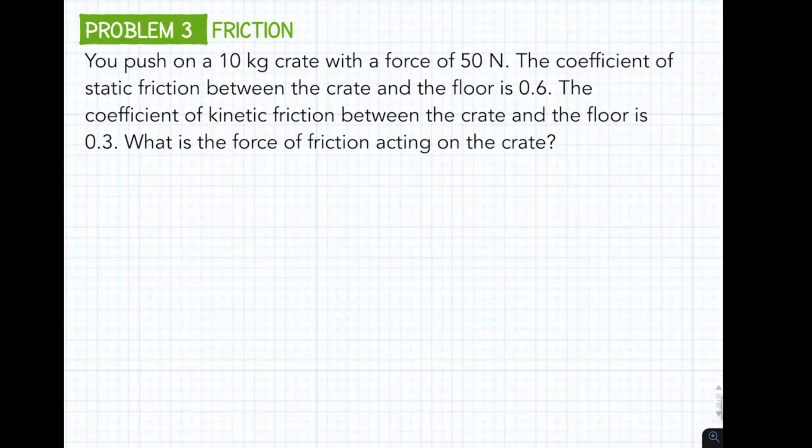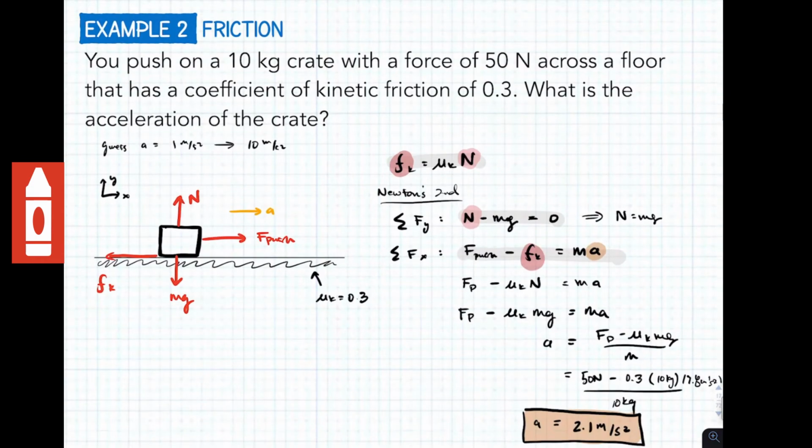So let's go over this problem. We're going to start by drawing the picture because we need to know the forces in order to calculate the static friction force. So it's going to look a lot like the previous picture. In fact, I'm going to just copy it from the previous picture.